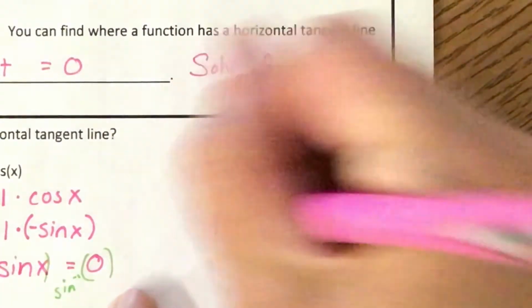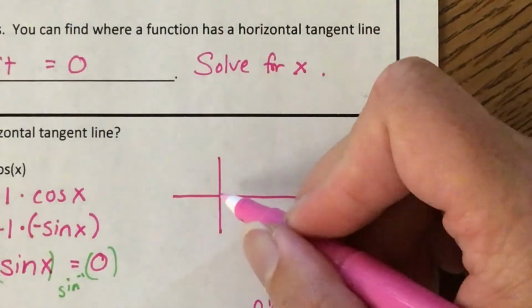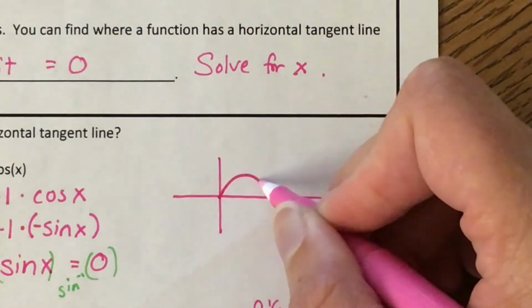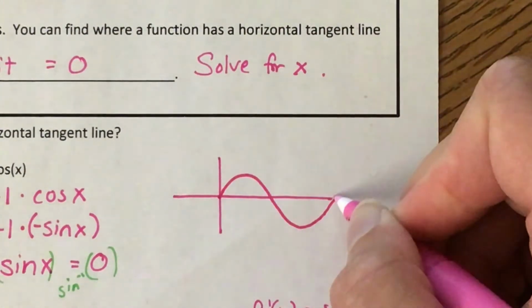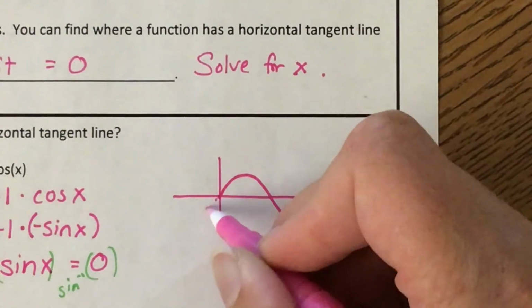But I think it's easier to graph sine and take a look at it that way. Remember that sine of x starts at 0, 0, and comes along like this, and then it repeats itself over and over, right?